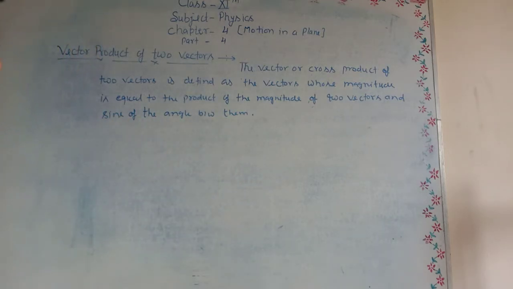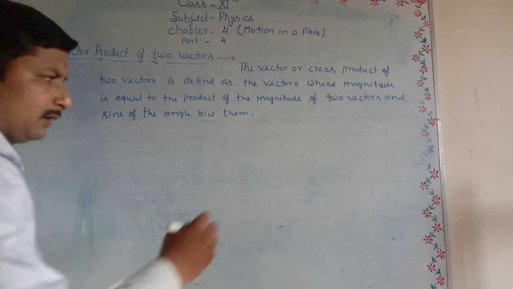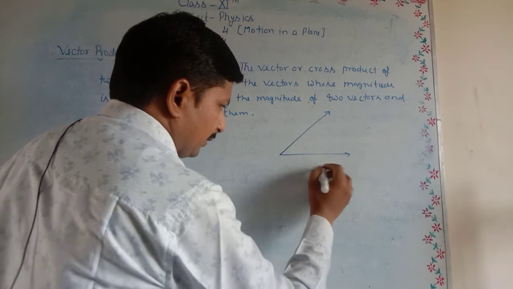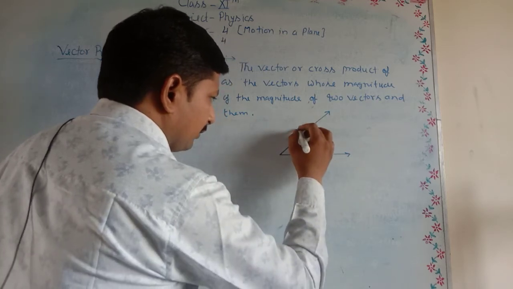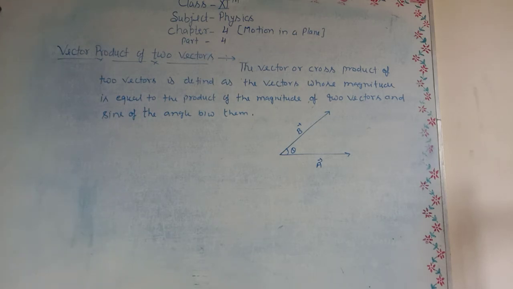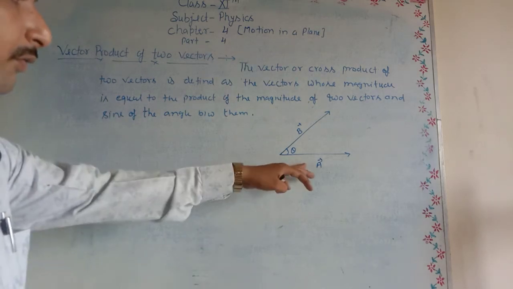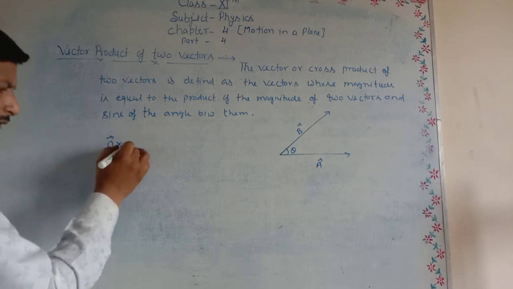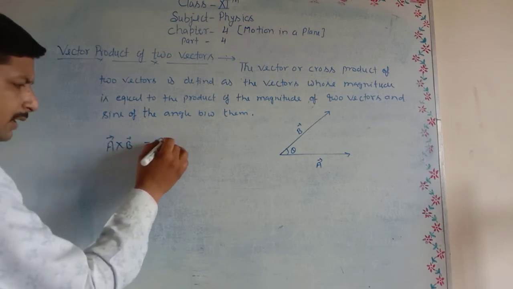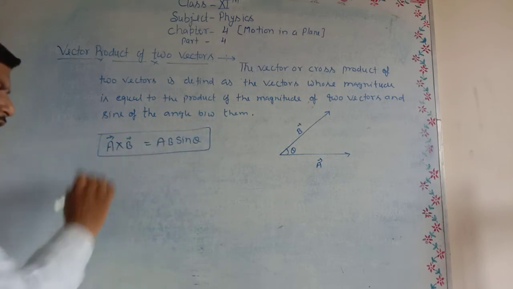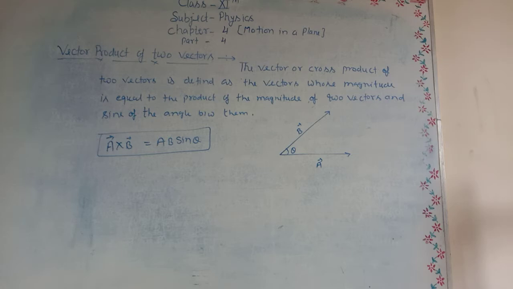Let two vectors be vector A and vector B, and theta be the angle between them. Then the vector product of vector A and B is A cross B is equal to AB sin theta.